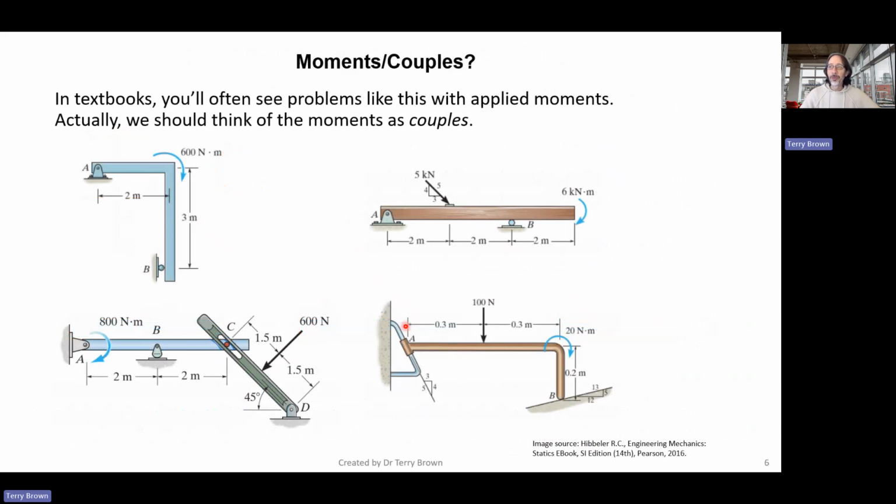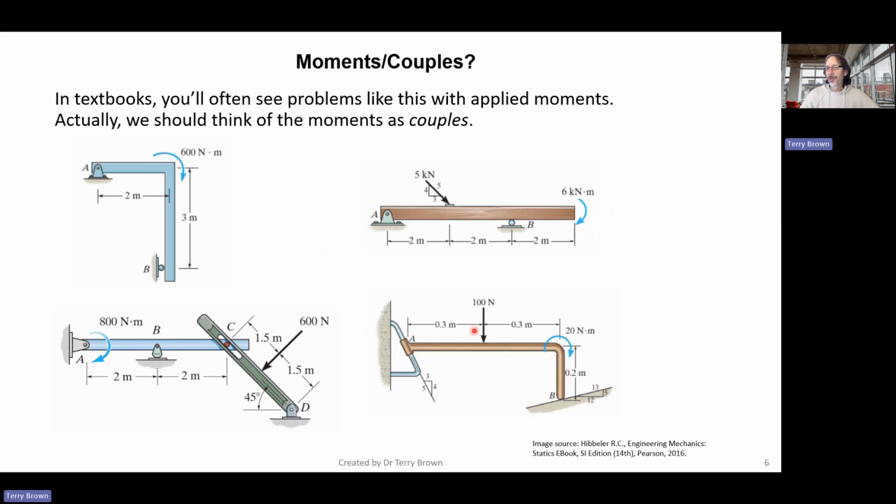In textbooks, you'll often see problems like this with applied moments. I already hinted at this. You'll see moments applied arbitrarily on these kinds of components. When you look at these kinds of problems, you probably should think about these as couples.